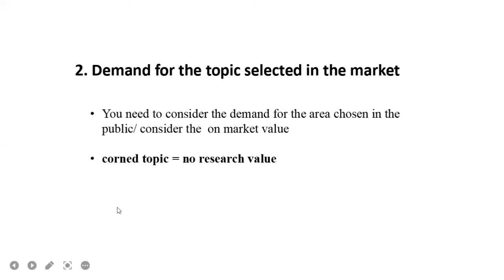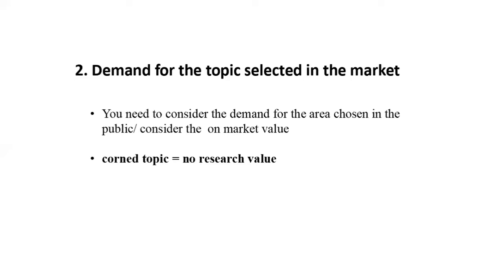The very next step is calculating the demand for the topic you've selected in the market. What is the meaning of this? Right, if you consider a cornered topic which has been put aside for many years, selecting such a topic and carrying out research on it is foolish. That won't make sense, right? You need to select a topic which will satisfy the ongoing demand.